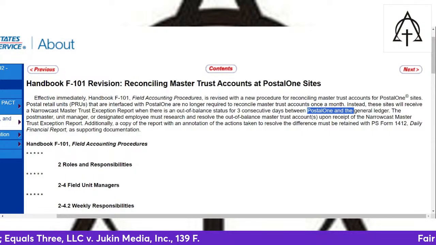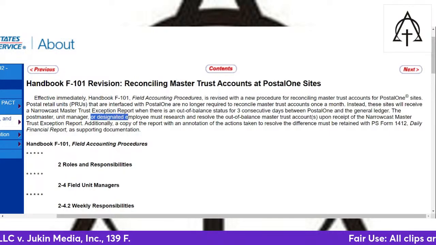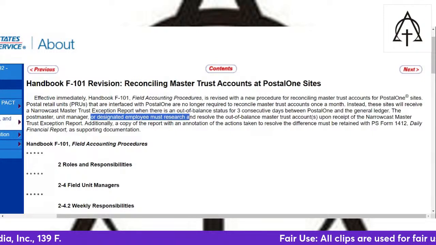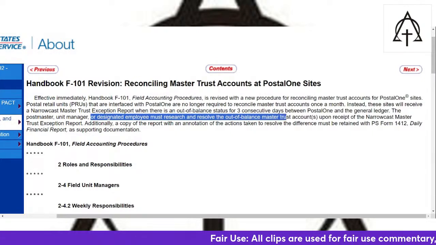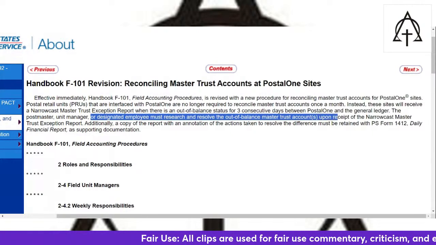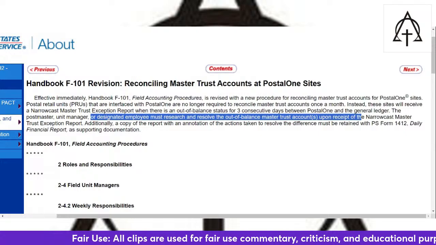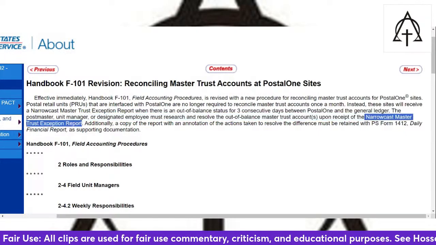The postmaster, unit manager, or designated employee must research and resolve the out-of-balance master trust accounts upon receipt of the narrowcast master trust exception report.